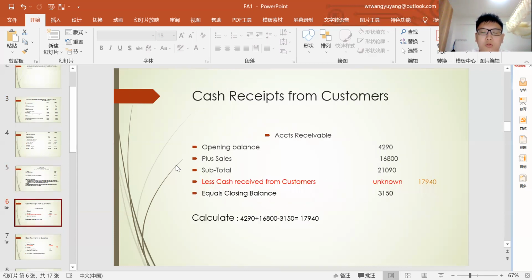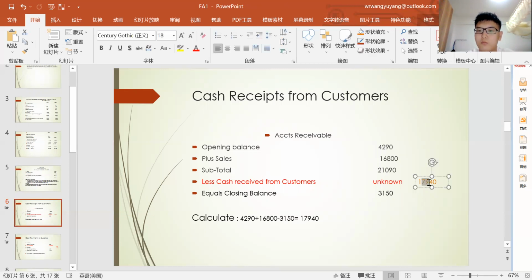So the opening balance plus the sales less cash received from customers equals the closing balance. The calculation is 4290 plus 16800 minus 3150 equals 17940. Yes, and 17940 is the cash received from customers.